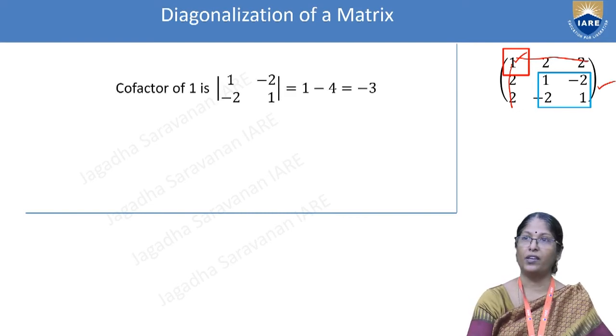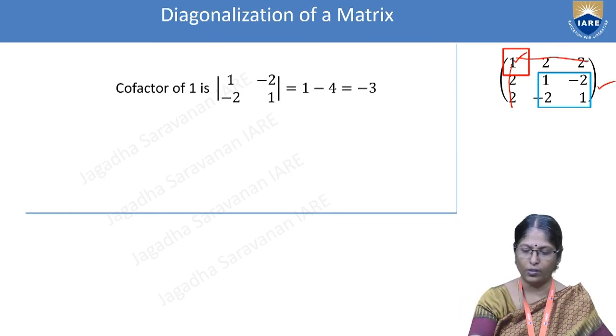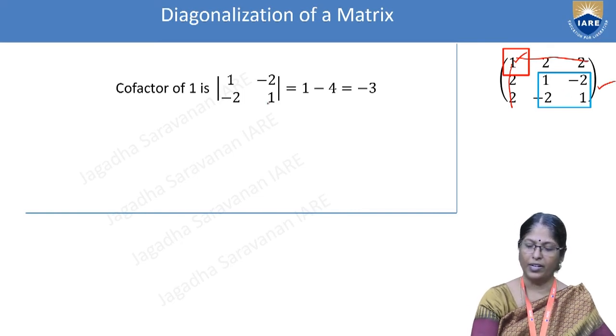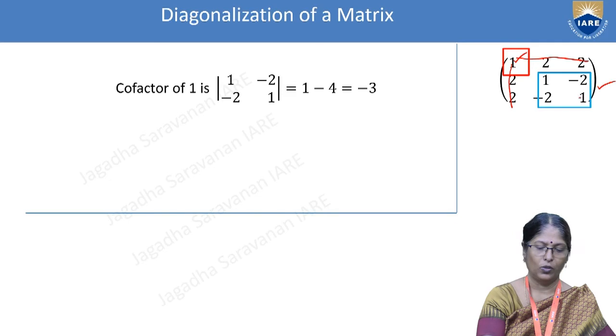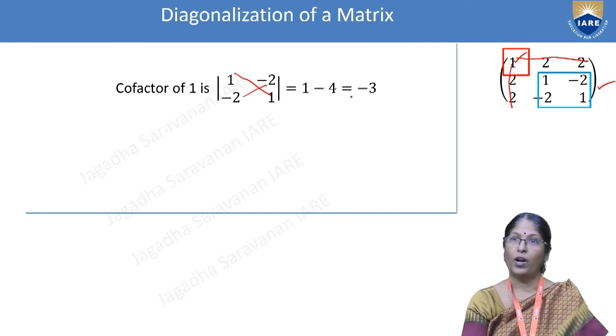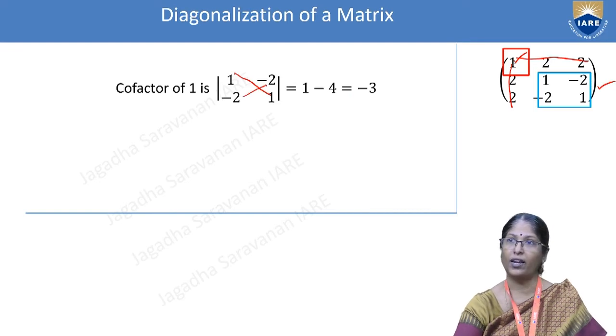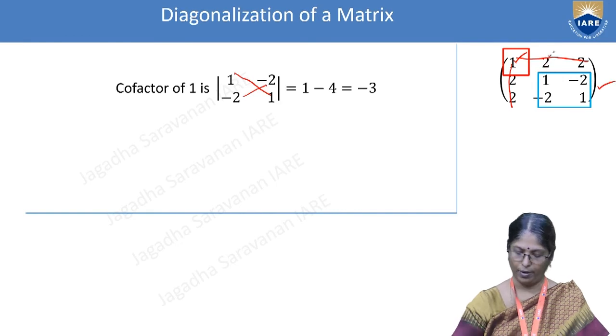Now the cofactor of this 1 is the determinant of the balance: 1 minus 2 minus 2, 1. We do the cross multiplication: 1 minus of this cross, it's 1 minus 4, we got minus 3. So the cofactor of the first row, first element is completed. Among the 9 cofactors, the first one we completed.